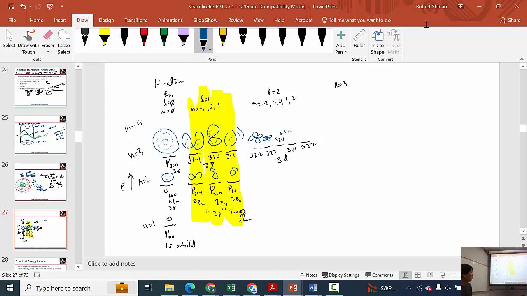So we're able to generate all infinite orbitals. There's some more patterns here. So for each n, we call these levels here, and we call these sublevels here.